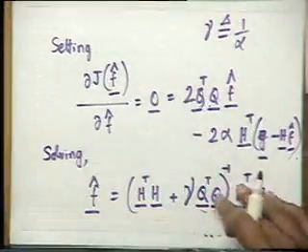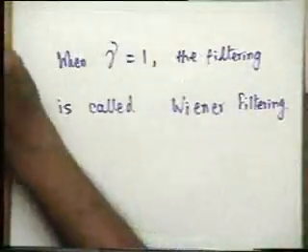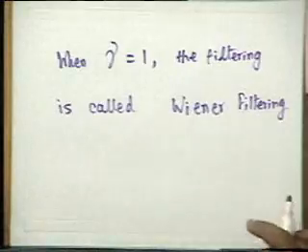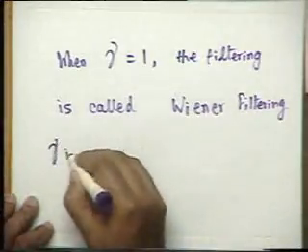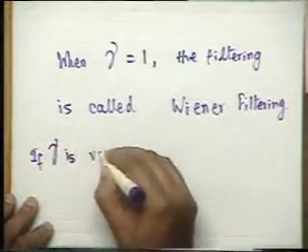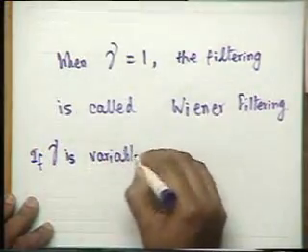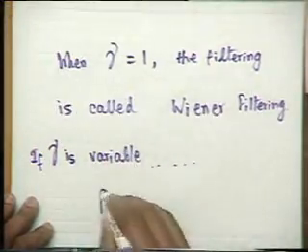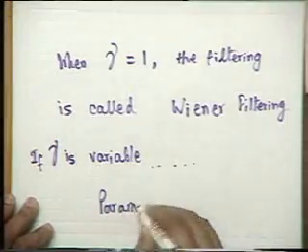Now we are permanently keeping gamma equal to 1, so it is not optimal. If we can make gamma variable, then possibly we can lead to an optimization. So if gamma is variable, we call it parametric Wiener filter.